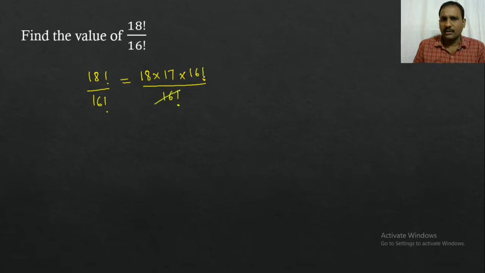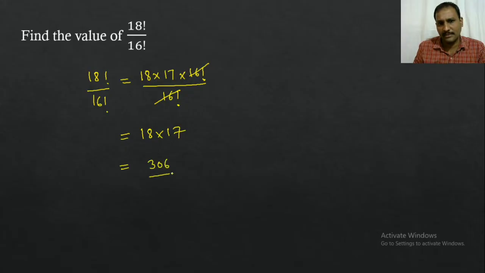So cancel 16 factorial and we have 18 into 17, that is 289 plus 17, that is 306. Why am I stopping at 16 factorial? Because in the denominator also we have 16 factorial, so that we can cancel both and we get the answer.